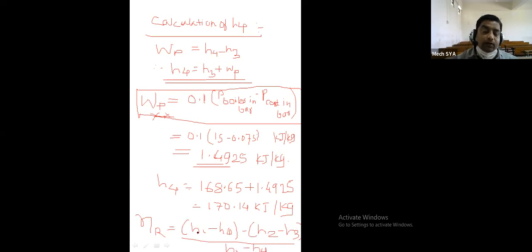You put all these values, and you calculate the efficiency. It will be in decimal, and we want to calculate in percentage, so multiply by 100.